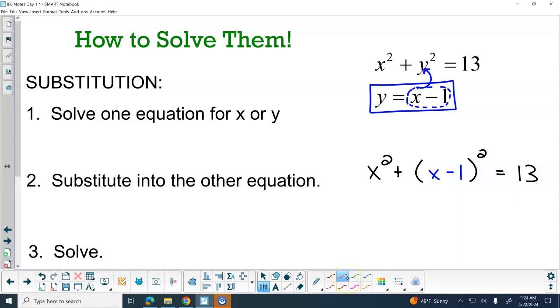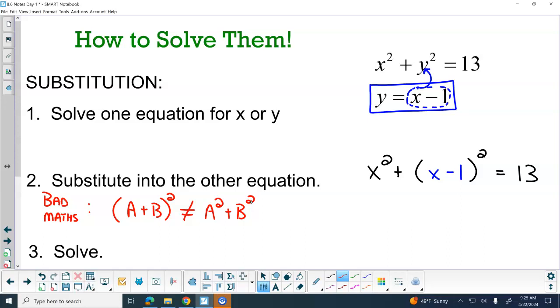Don't be a bad maths type of person. A plus b quantity squared does not equal a squared plus b squared.